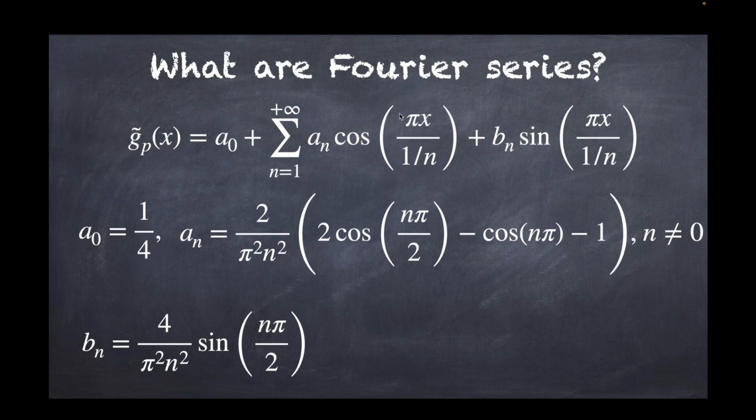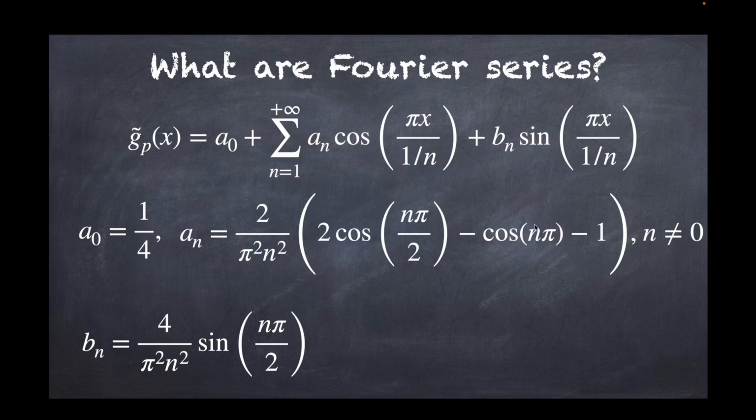So it used to be 2 pi x over 2 over n, okay? So here you've got a0 equal to 1/4, and here you've got 2 over pi squared n squared, and you've got this quite complicated expression here: 2 cosine n pi over 2 minus cosine n pi minus 1, and again for n different from 0.